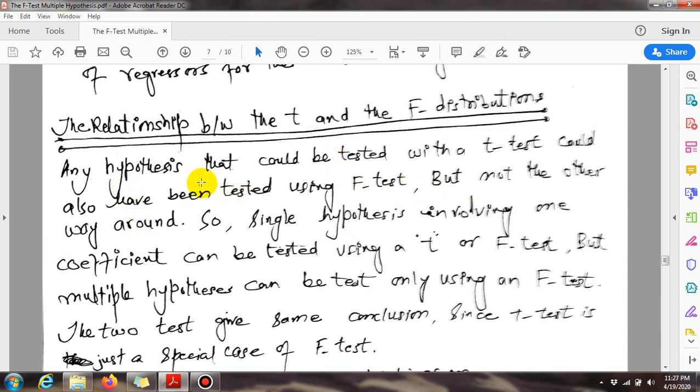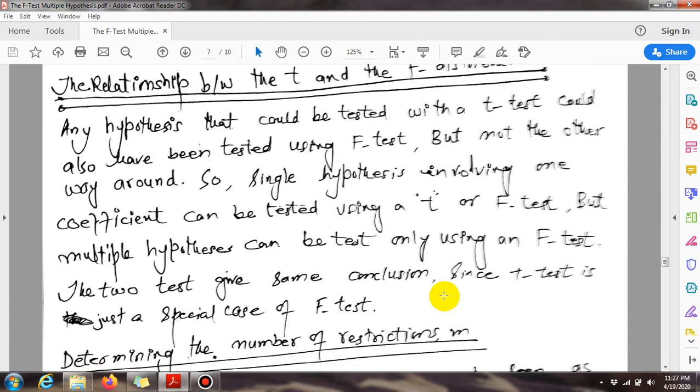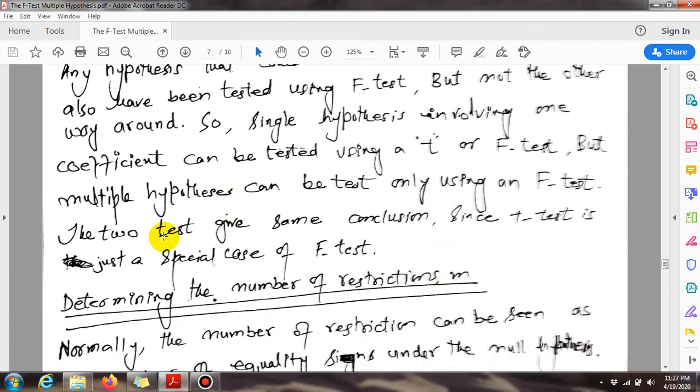So a single hypothesis involving one coefficient can be tested using a T or F test, but multiple hypotheses can be tested only using an F test. Okay, the two tests give the same conclusion, since the T test is just a special case of the F test, because the T test gives us a single hypothesis case, but the F test gives us a multiple hypothesis case.